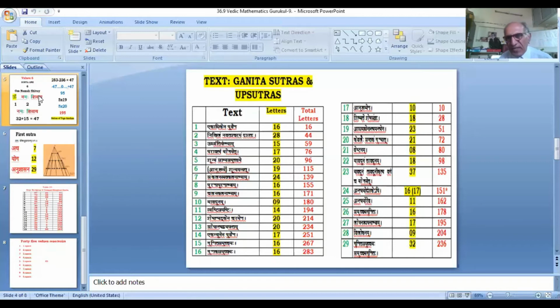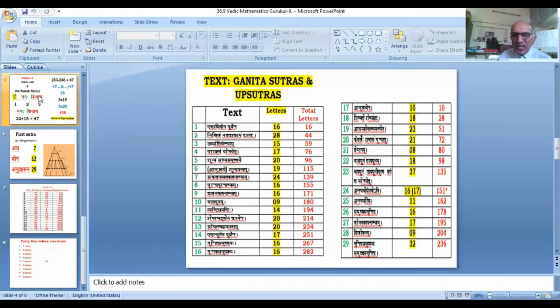A step ahead when we will be tabulating the letters of Ganita Upsutras 1 to 13 as serial number 17 to 29 in continuity of the serial number 1 to 16 of the sutras.